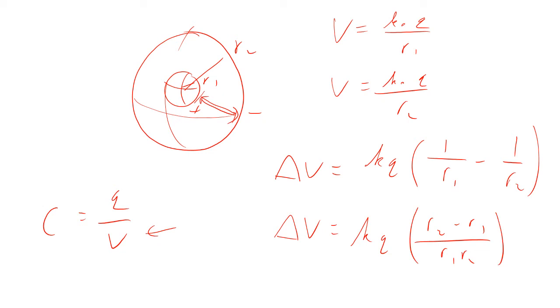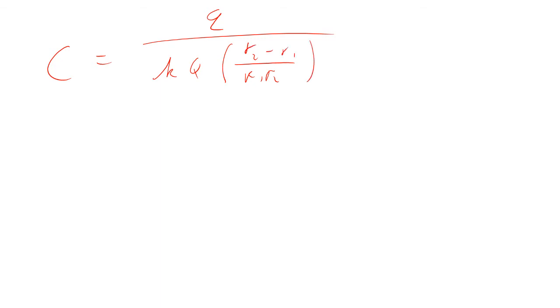Now, we plug that in over here, and say that the capacitance is going to be Q divided by KQ times (R2 minus R1) over R1 R2. K, we know, is 1 over 4 pi epsilon naught.